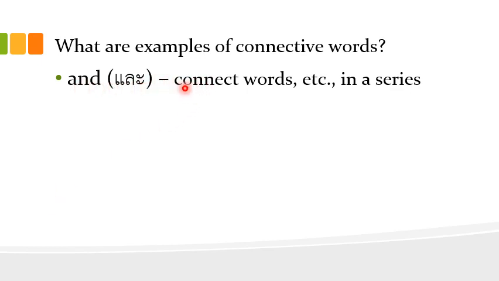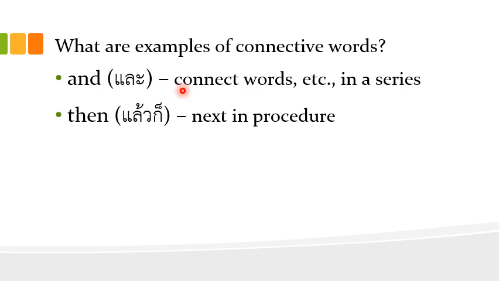And is used to connect words, etc. in a series, just like salt and pepper, pen and paper. So we use the word and to do that. Sometimes you also use it to connect activities. I will finish my homework and I will watch TV.